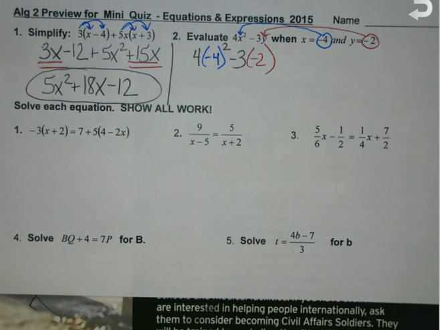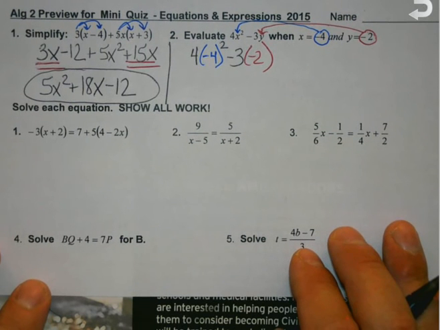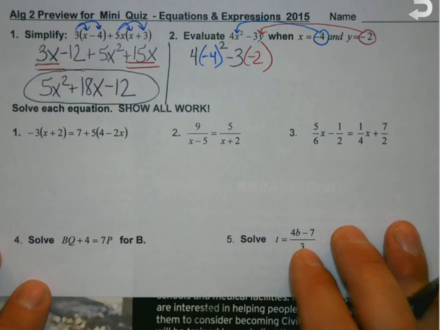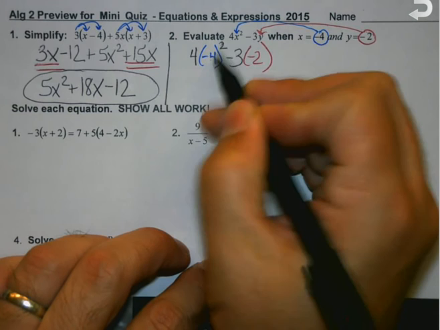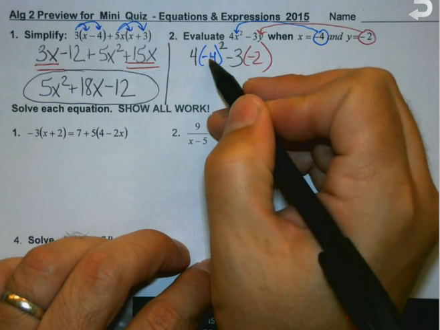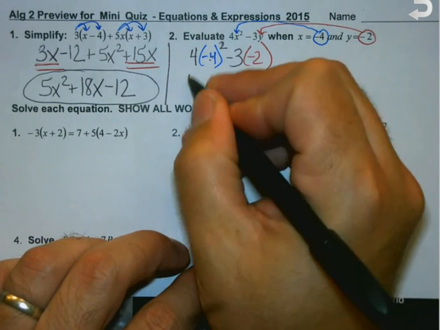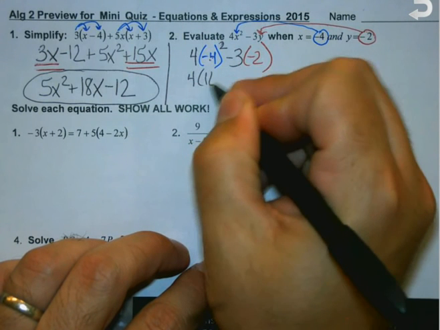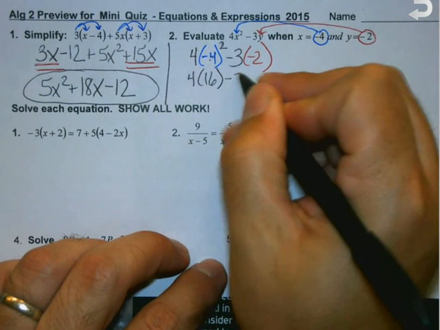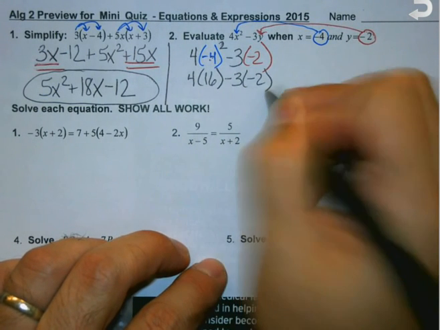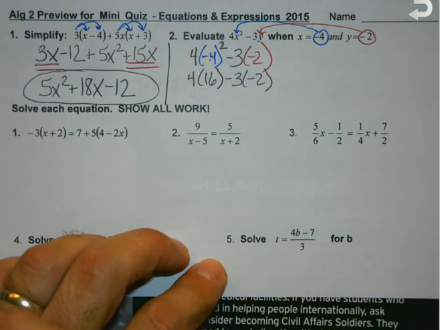So get those locked in there, and then I've got to follow my PEMDAS, my order of operations. Exponents have to come first. What's negative 4 in parentheses squared equal? 16. And again, if you can do multiple steps, that's okay.